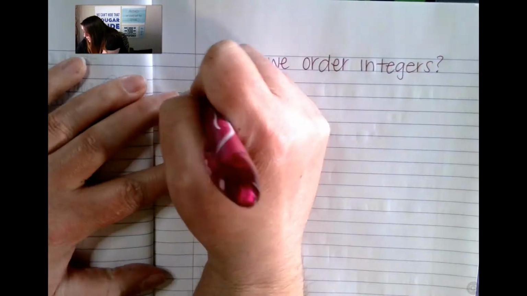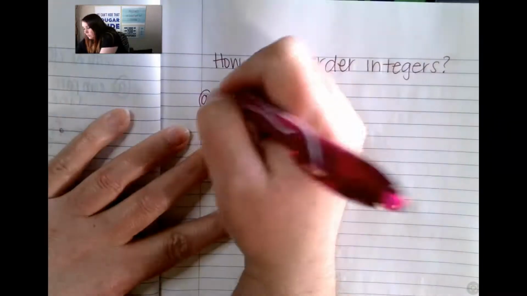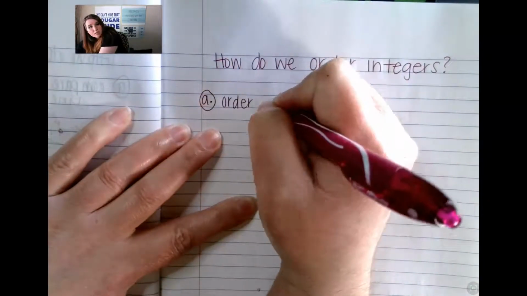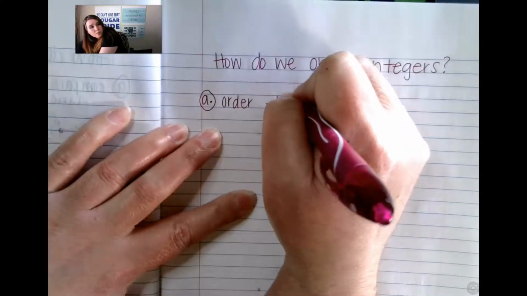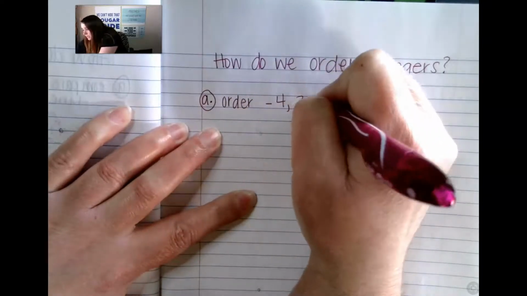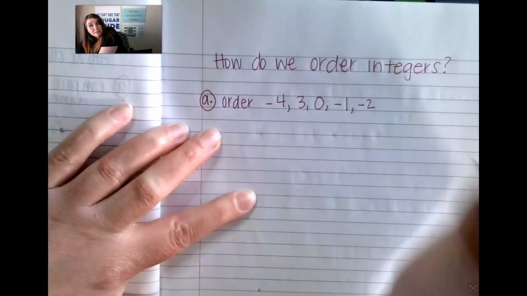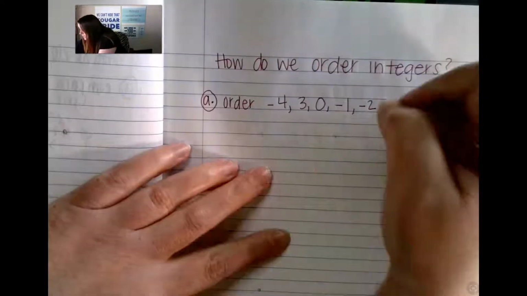Our first example asks us to order the integers -4, 3, 0, -1, and -2 from least to greatest.